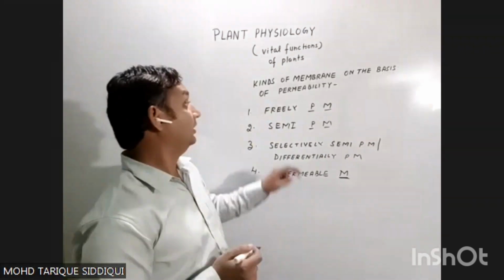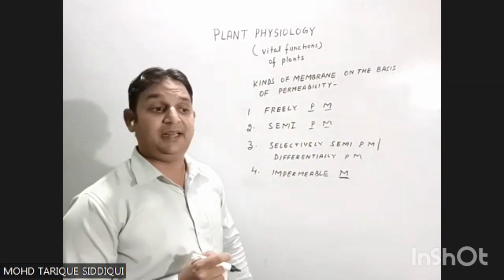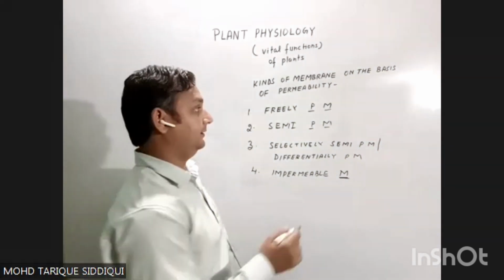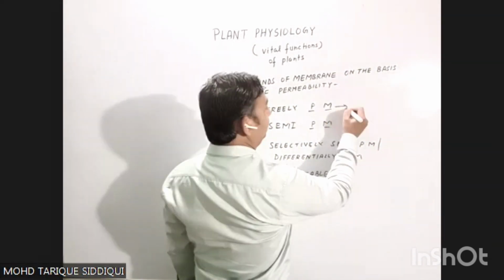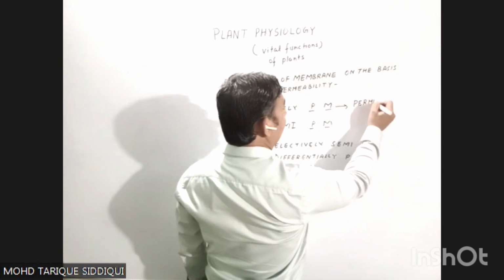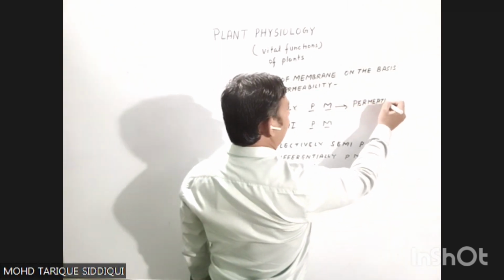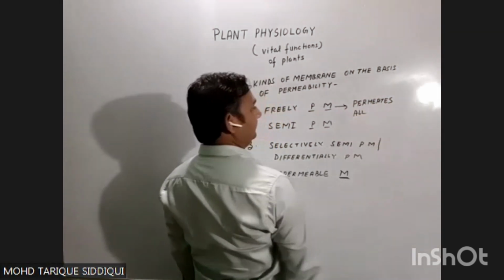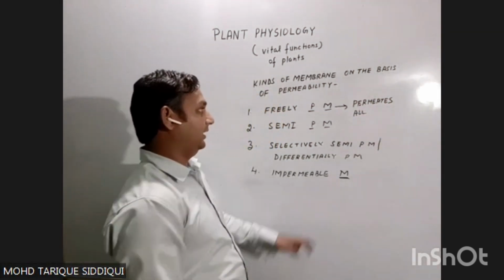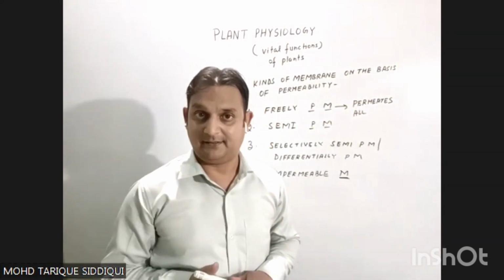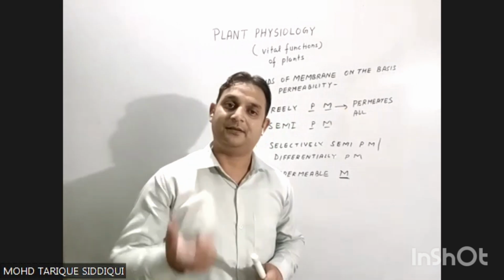Let's see. Freely permeable membrane is that membrane which permeates all the substances in and out of the cell.